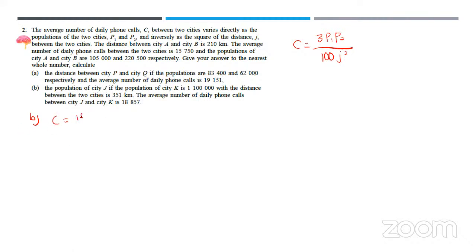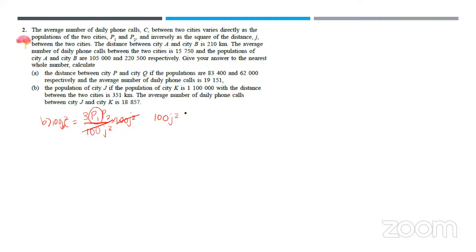So from the original equation, C is equal to 3 P1 P2 over 100j squared. I want to express P1 in terms of all the other variables. So I'll multiply both sides by 100j squared. These and these cancel, so you'll get 100j squared times C is equal to 3P1 times P2.